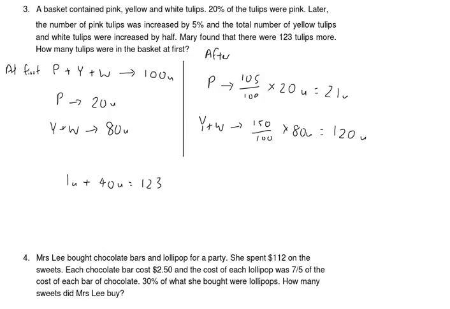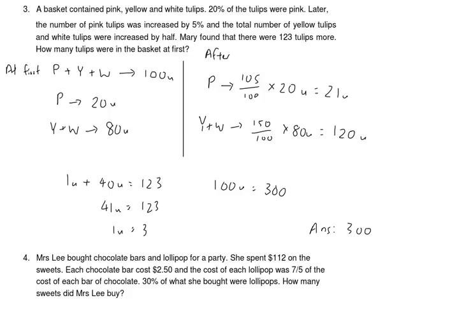So I know that 41 units equals 123. 1 unit equals 3. How many tulips were there in the basket at first in terms of units? Call it out. 100 units, right? So I need to find 100 units, which means the answer is 300. Anyone has any problem with this? Quite easy, right? Very doable.